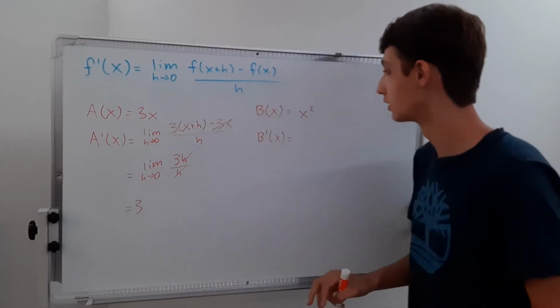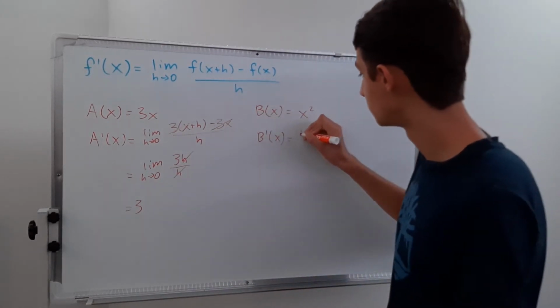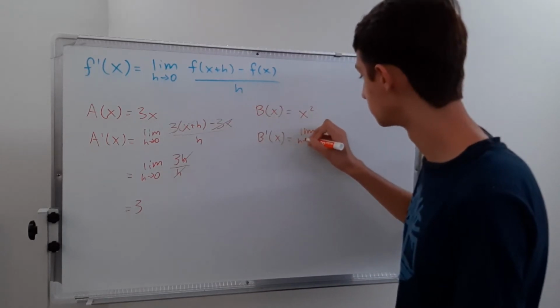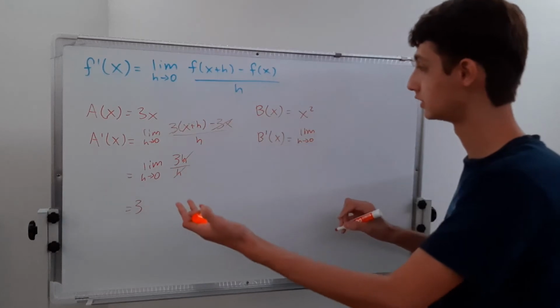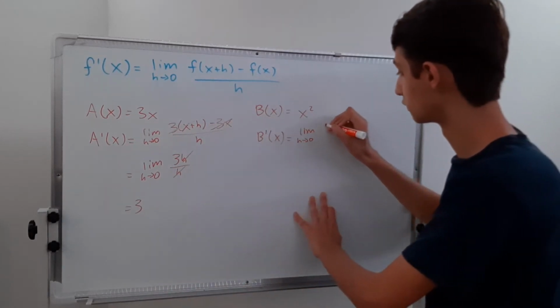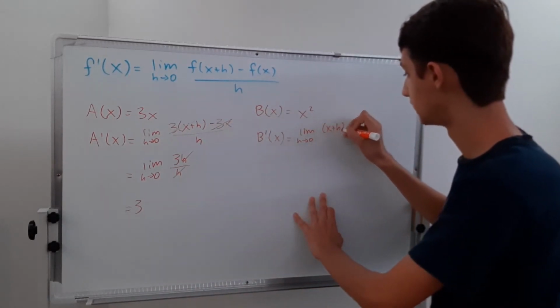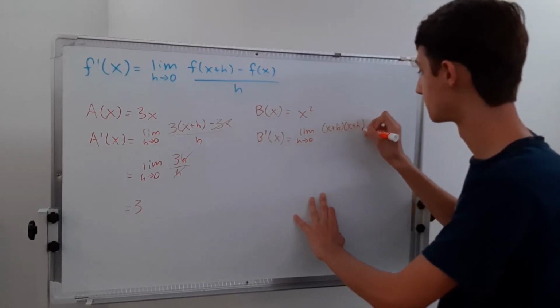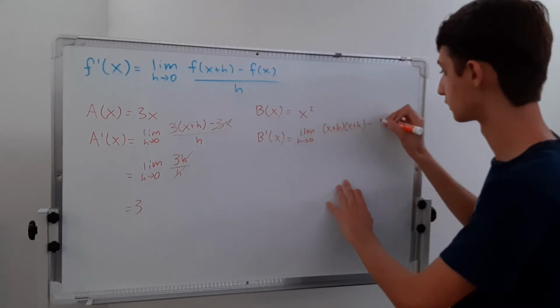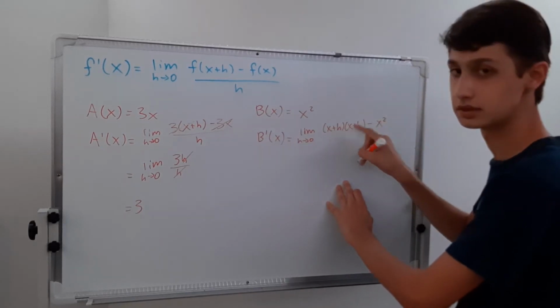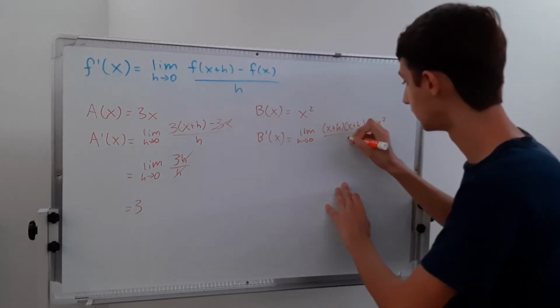So now x squared, okay? So this is the limit as h approaches 0 of x plus h squared. So we can just expand this as x plus h times x plus h minus x squared. Okay, so this is x plus h squared all over h.